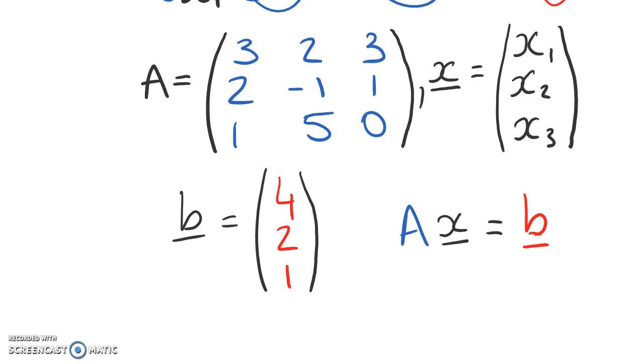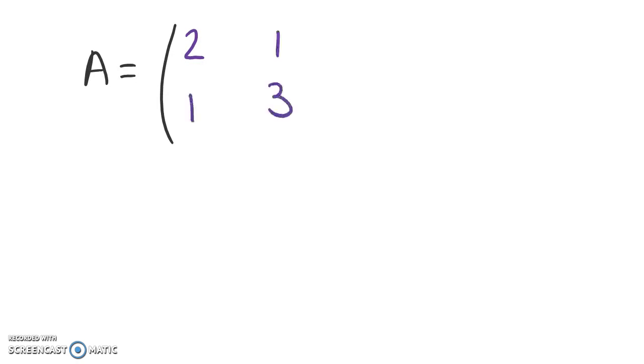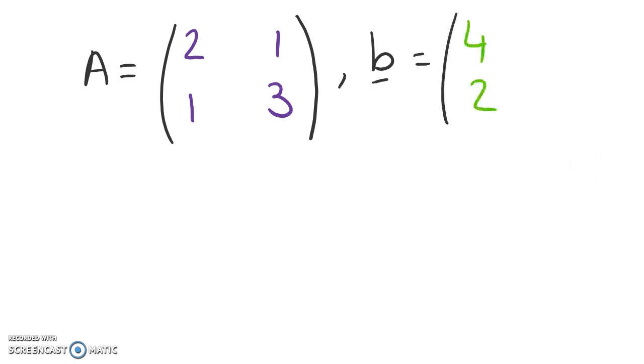Now let's have a look at how we would convert back from matrix form. Let's say we have the matrix A equals 2, 1, 1, 3. And we have the vector B equals 4, 2.